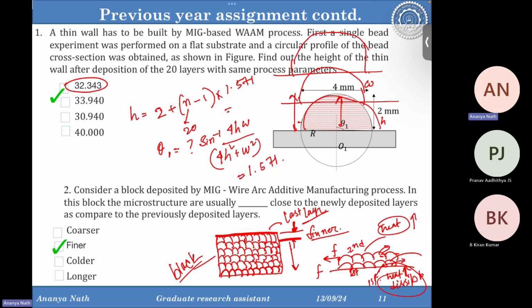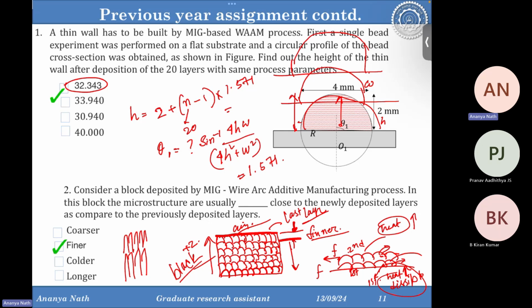This is air. In air, it will solidify very fast. But what about the previously deposited layers? They do not have that air. They have layers above and below, so their heat dissipation is slower. As the building direction is plus Z, they produce columnar grains like this.